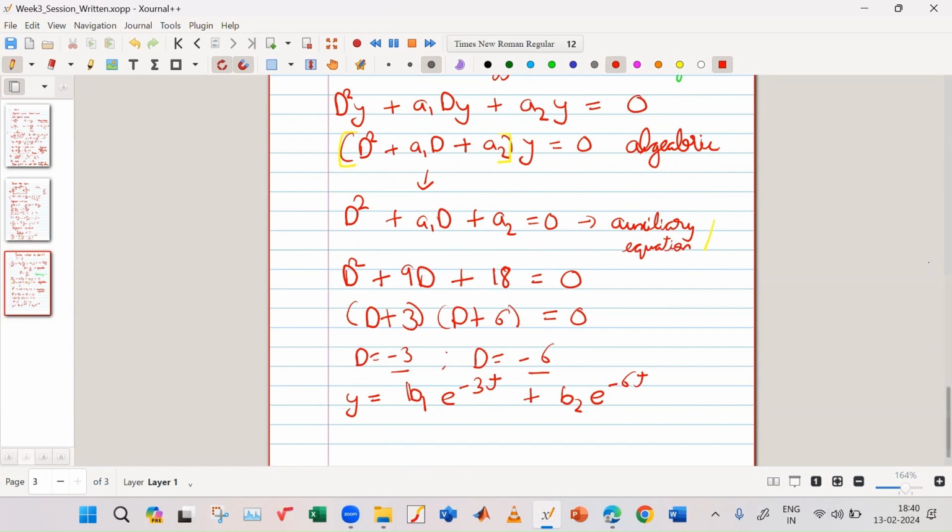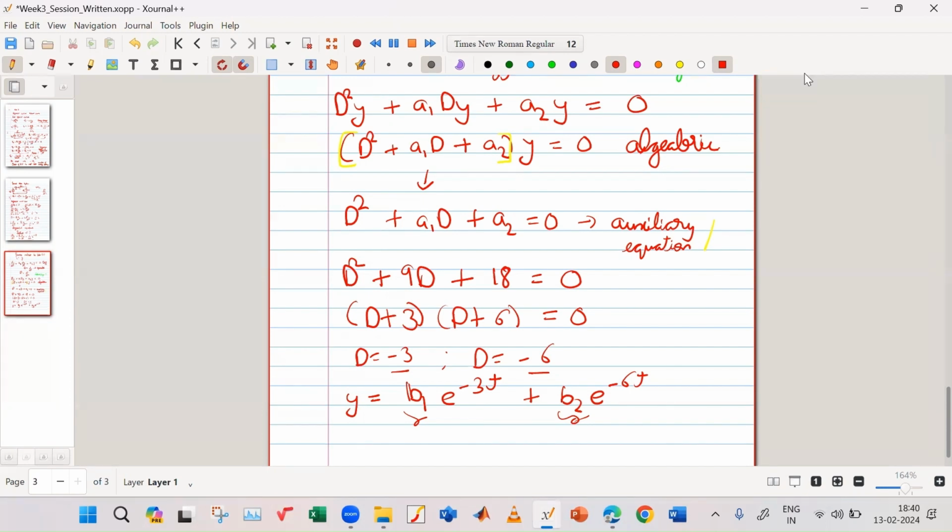Now you will ask me, we have solved it, but we don't know what is b1, we don't know what is b2. How will we get those values? That should be a question which comes into your minds. I've factorized it, then written it in this form, but again I've got two unknowns which I don't know. So who will tell me how can I find out b1 and b2?